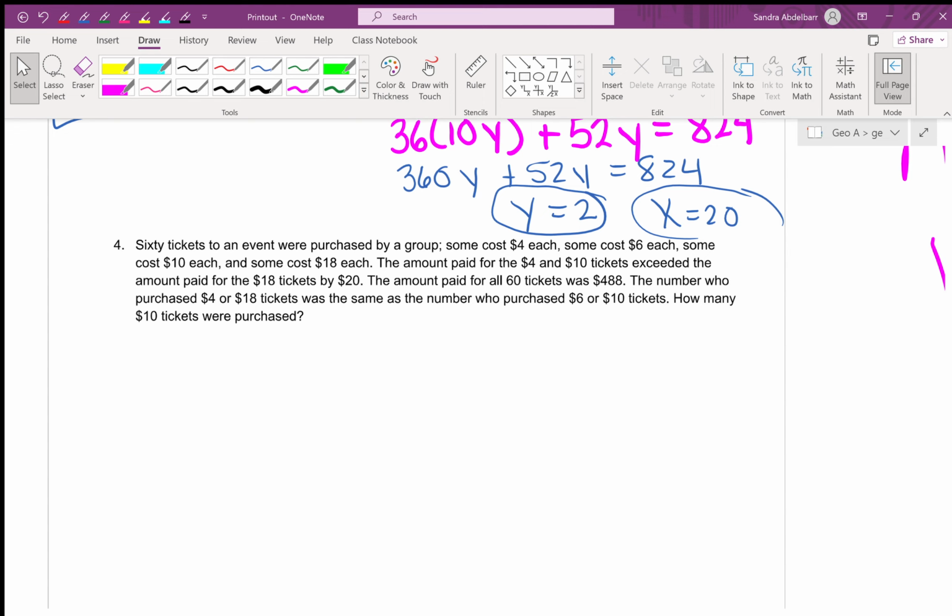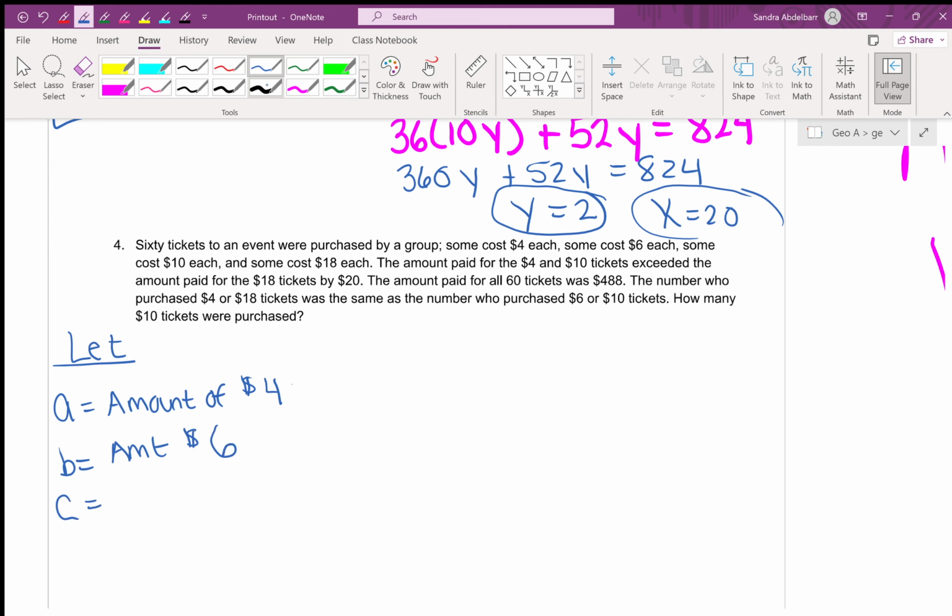Okay, so we're going to let A equal the amount of $4 tickets. We'll let B equal the amount. What was the next number? $6.